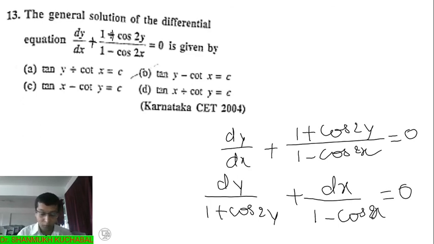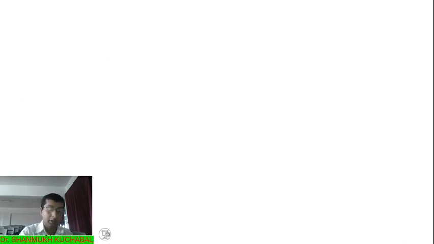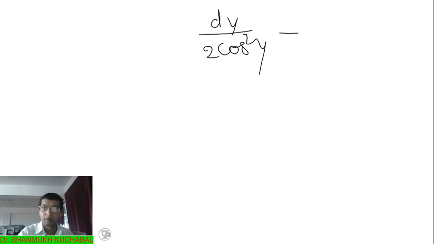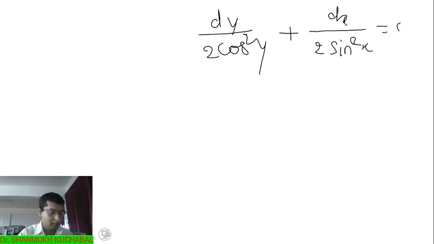We have the trigonometric formula that 1 plus cos 2y is 2 cos square y, and 1 minus cos 2x is 2 sin square x.